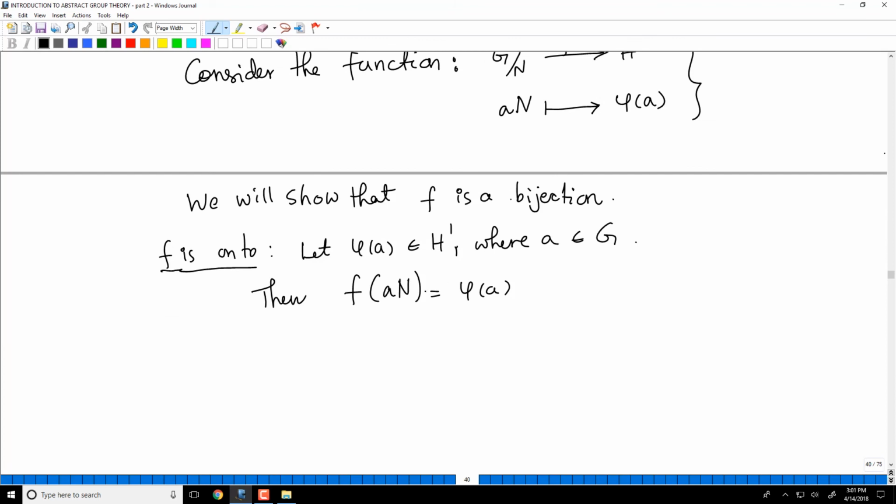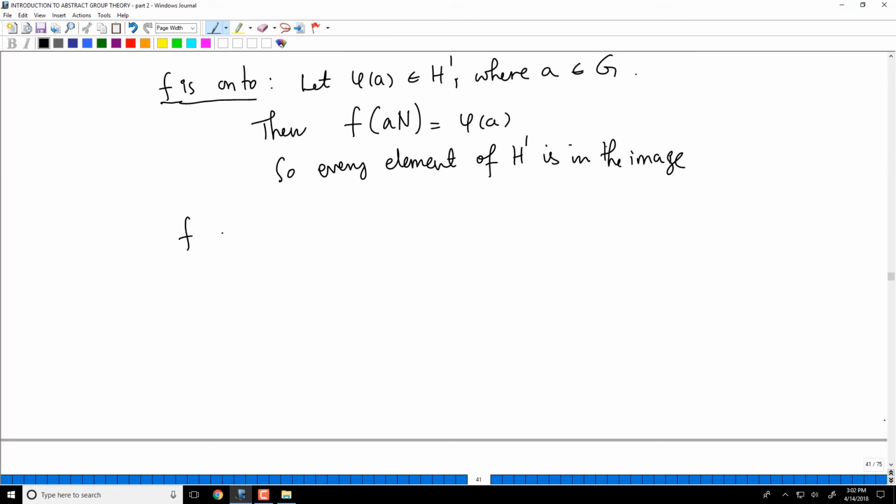So if phi a is in H prime, f of aN is phi a. So every element of H prime is in the image. So f is onto.